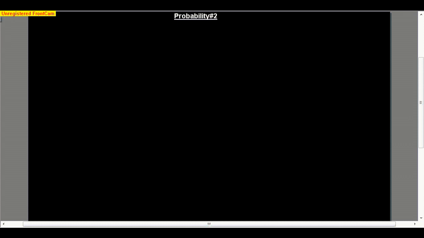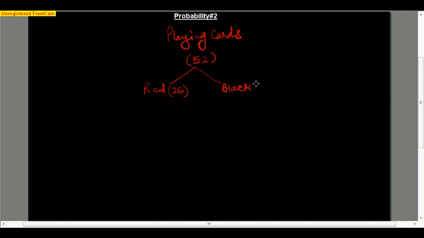Let us see the probability of playing cards. There are 52 cards, out of which red cards are 26 and black cards are also 26.